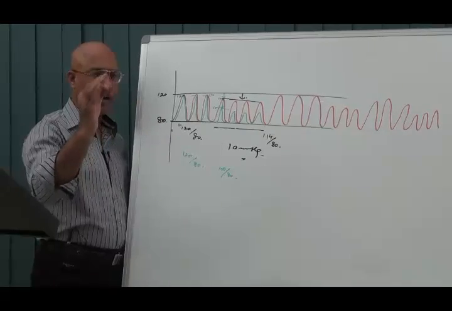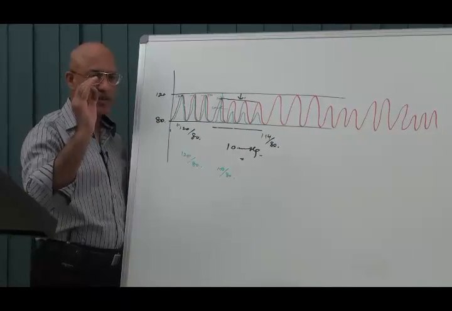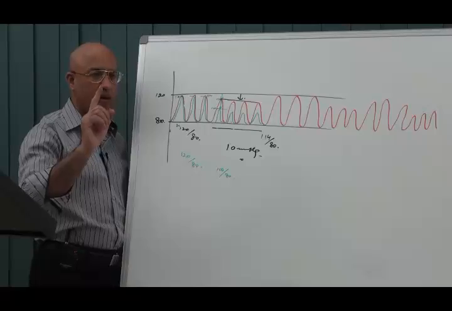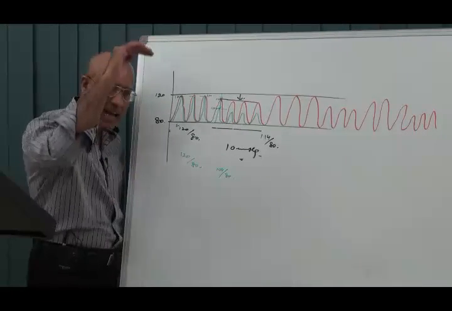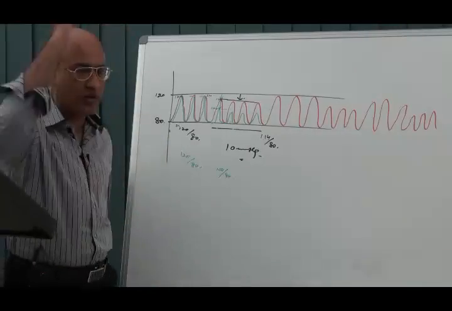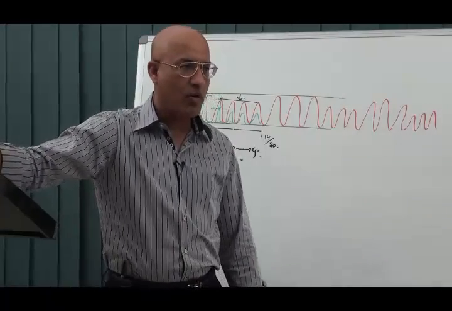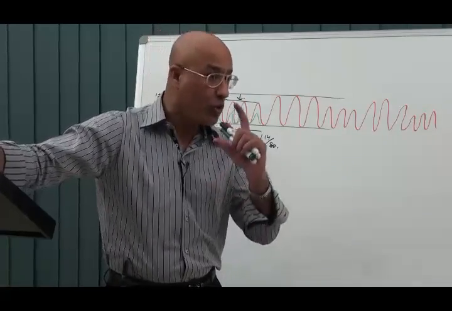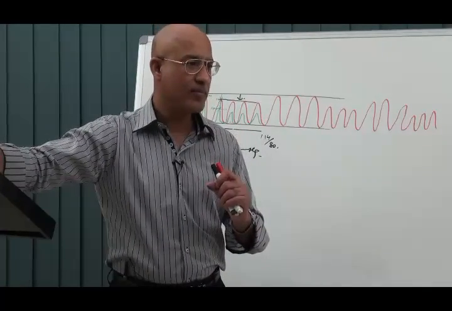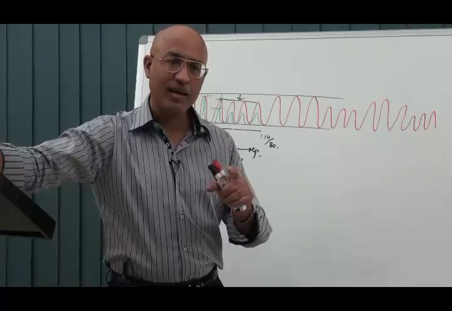So what we have learned up to now is one thing. Pulsus paradoxus is a condition in which the normal physiological inspiratory drop in systolic blood pressure is exaggerated and it is more than 10 millimeter of mercury. Am I clear? Now, pulsus paradoxus is one of the important clues towards cardiac tamponade.